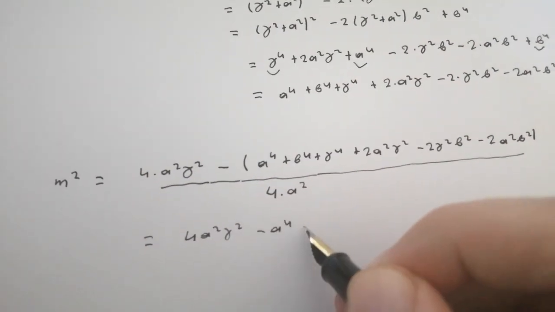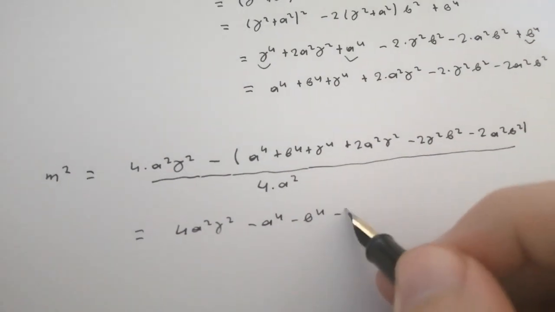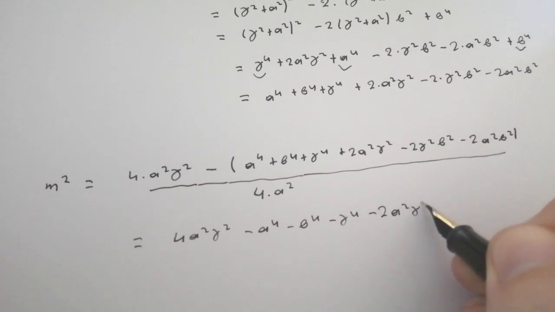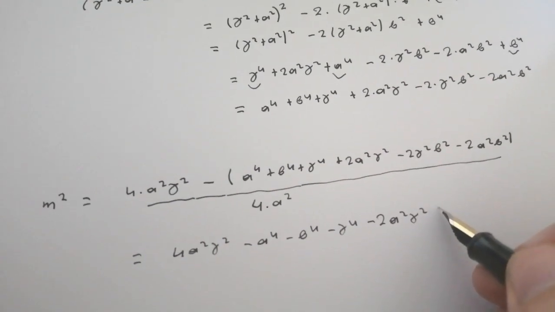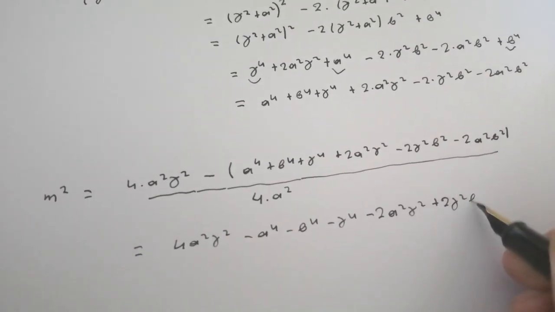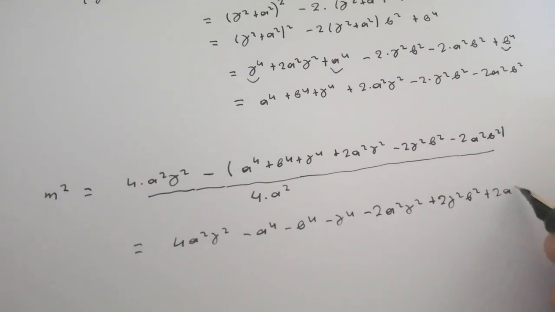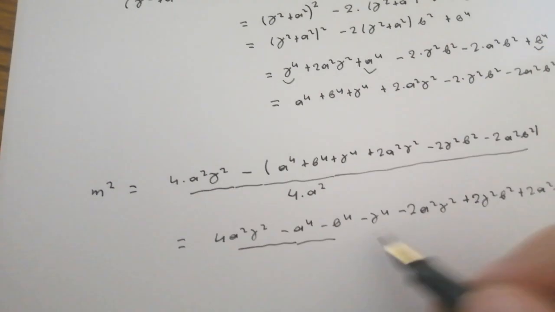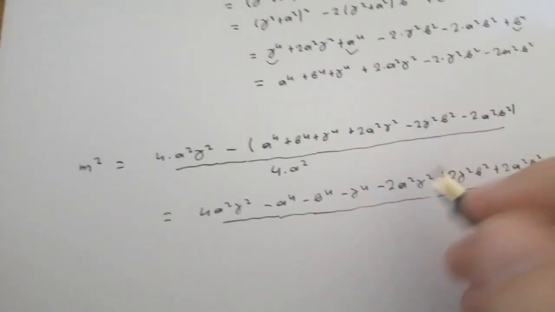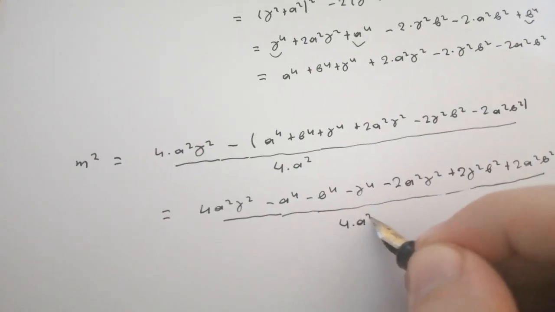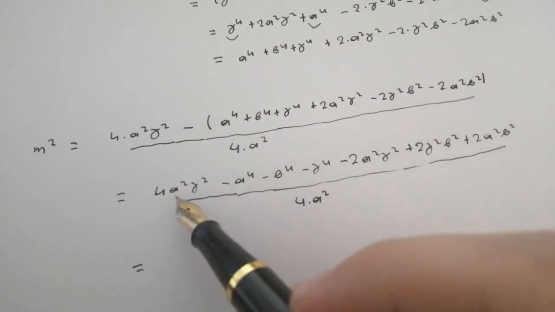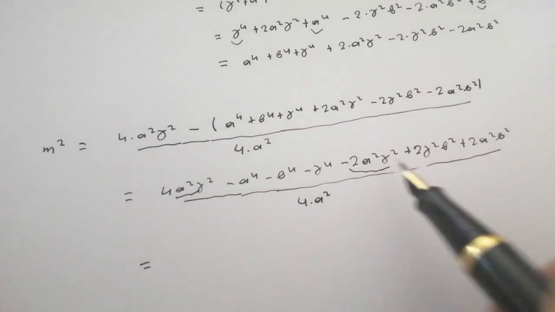Minus a to the power of 4 minus beta to the power of 4 minus gamma to the power of 4 minus 2a squared gamma squared plus 2 gamma squared beta squared plus 2a squared beta squared over 4 times a squared. So this can be written as: we can take this term and this term.